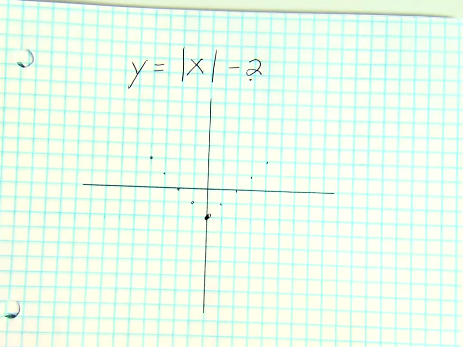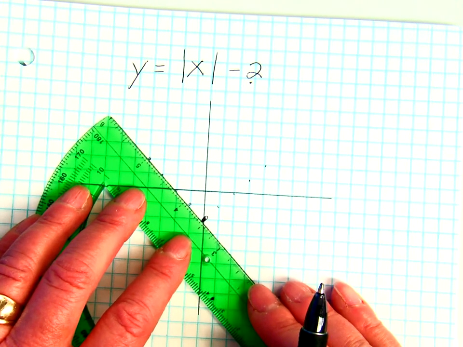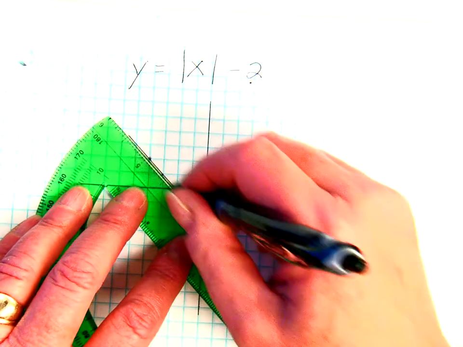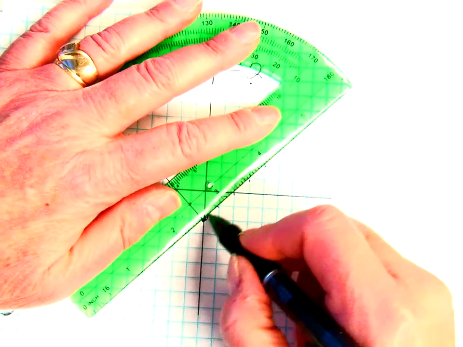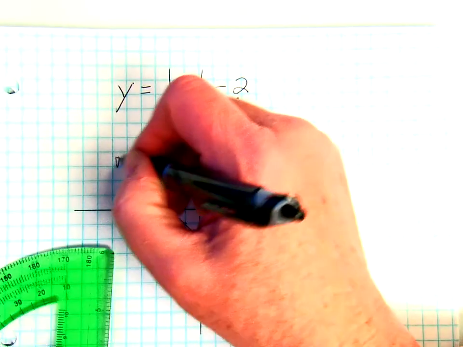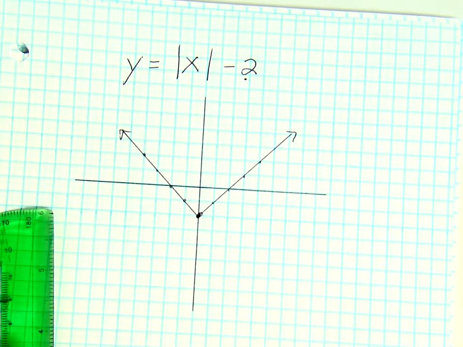I don't even have to calculate anything. I just see exactly what is going to happen, and I can graph it as such. Okay? And there you have an easy graph of the absolute value of x minus 2.